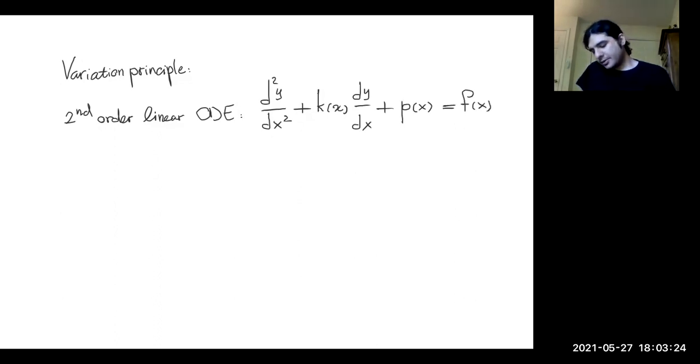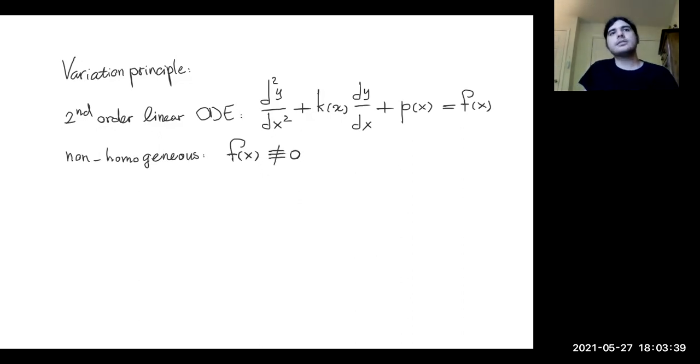Suppose it is non-homogeneous in the sense that f of x is not the constant function 0. It's a non-zero function. And the goal is to find the general solution to this equation.